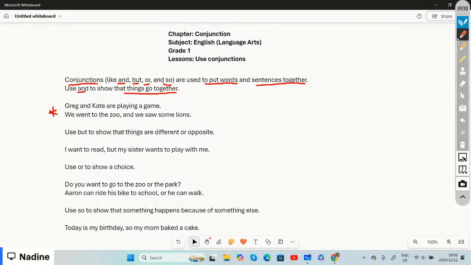We said, Greg and Kate are playing a game. So who's playing a game? We can say it is Greg and Kate. It's the two of them. Not just Greg, not just Kate, but Greg and Kate are playing a game.